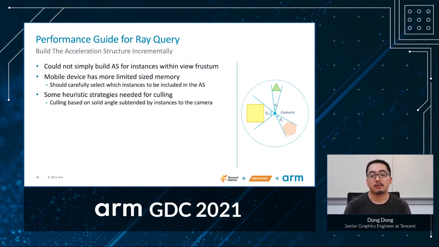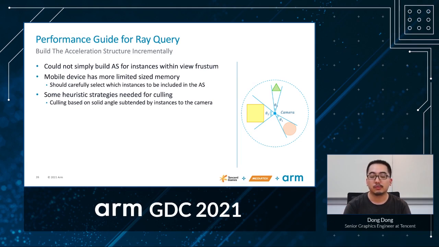Second, unlike rasterization-based algorithm, frustum culling is not available for ray tracing acceleration structure. But acceleration structure traversal is a bandwidth-limited operation. You need to carefully keep the memory footprint as low as possible for AS. Fortunately, you don't need to build the top-level AS from scratch every render frame, but instead, you could build incrementally.